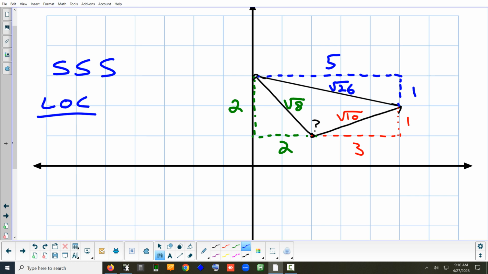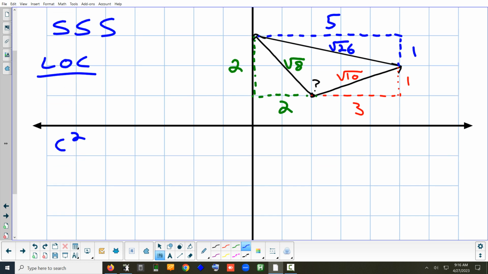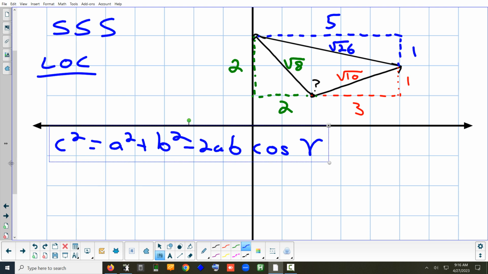So law of cosines looks something like this, if you remember. Starts out like the Pythagorean theorem. One side squared equals the sum of the other two minus twice the other two times the cosine of the angle across from the letter you started with.